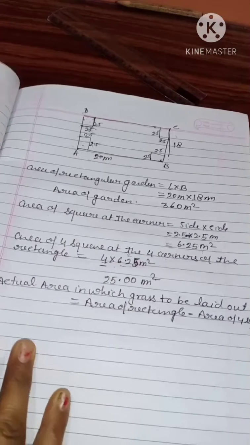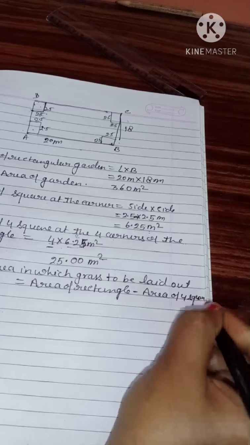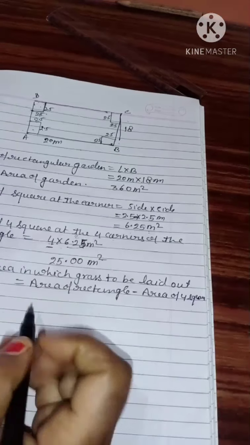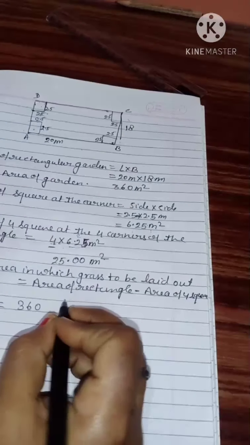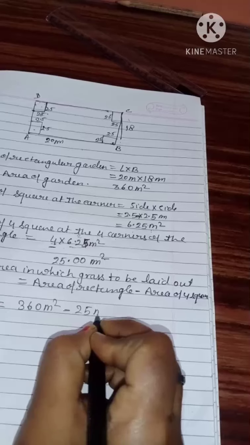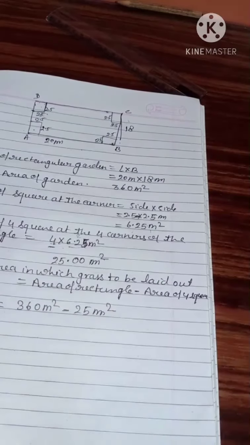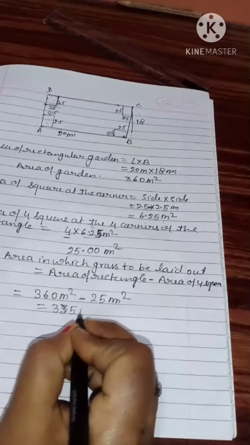Okay, area of 4 squares. So area of rectangle is how much beta? 360 meter square minus 25 meter square. Okay, it will be 335 meter square.